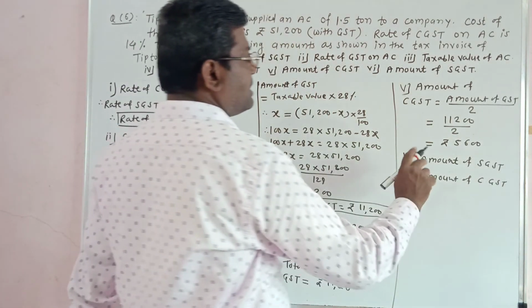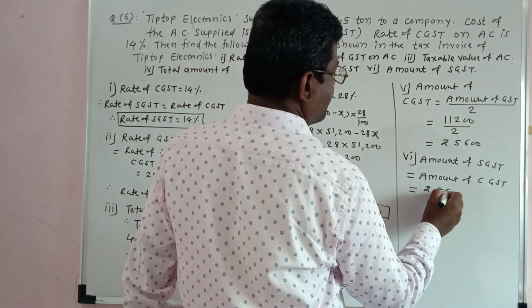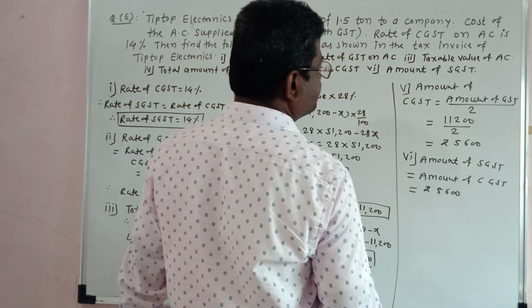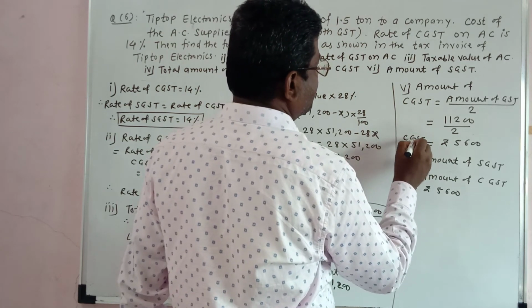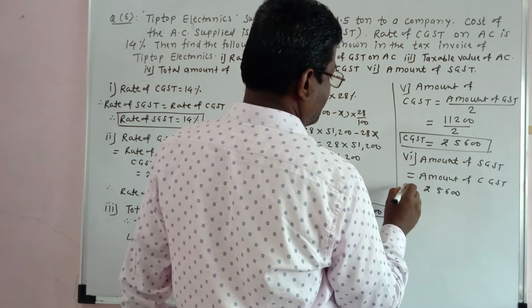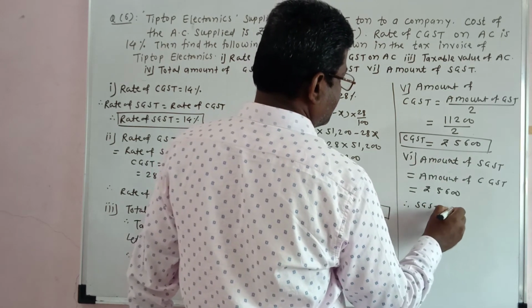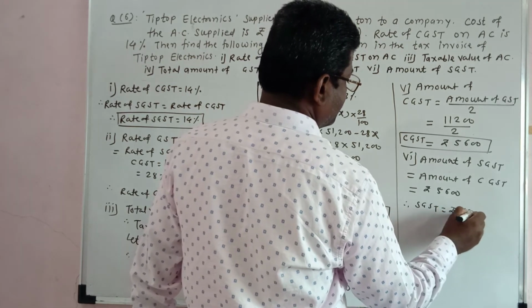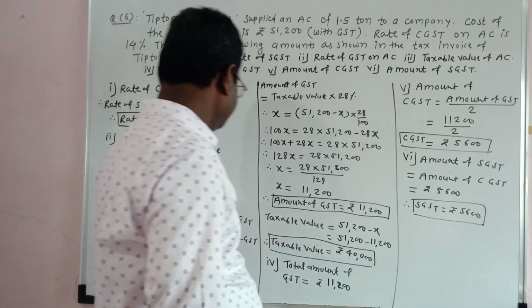So the amount of SGST is also rupees 5,600. Therefore here CGST is 5,600 and SGST is equal to rupees 5,600, which is our last answer.